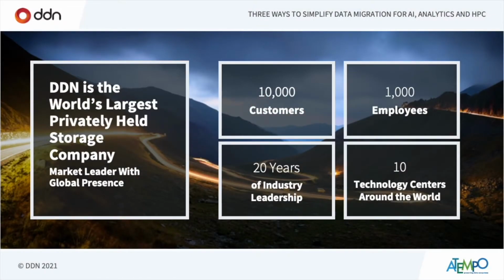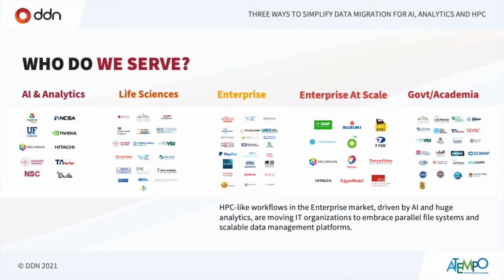Here at DDN, we make a significant investment in R&D to continuously bring cutting-edge technology to the market. So going back to our customers, at DDN, we serve the whole spectrum of markets and customers who have a large data challenge.